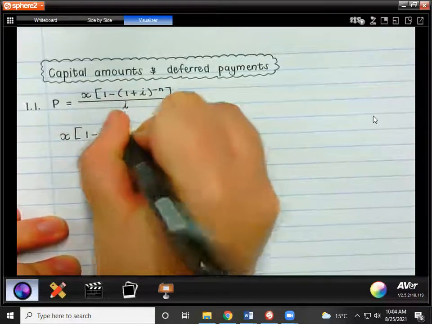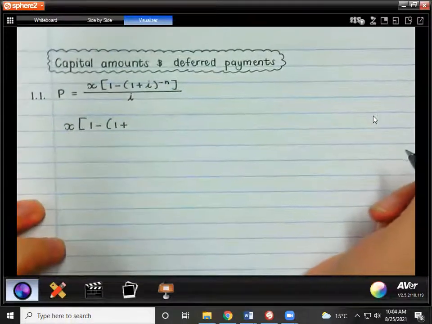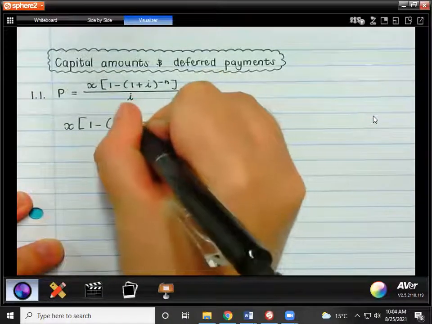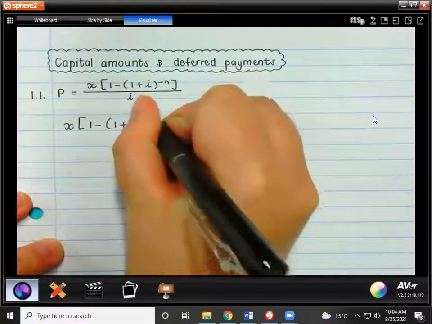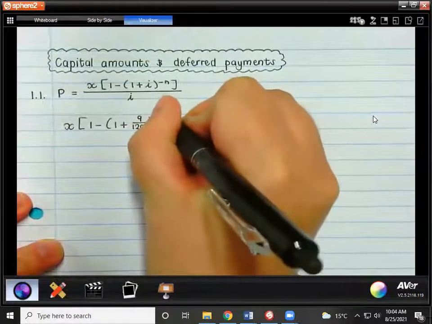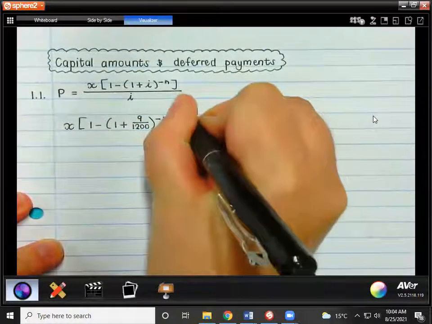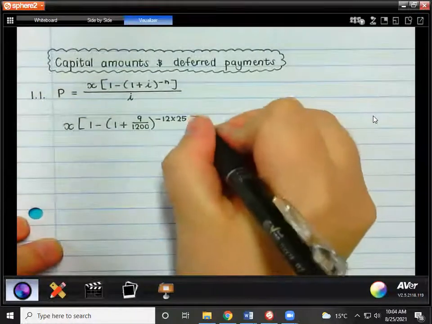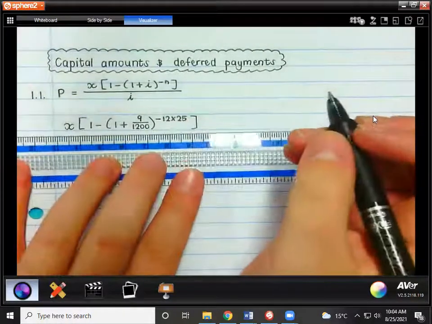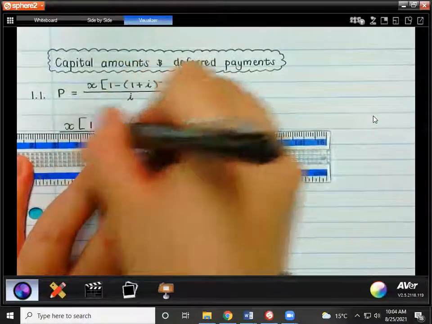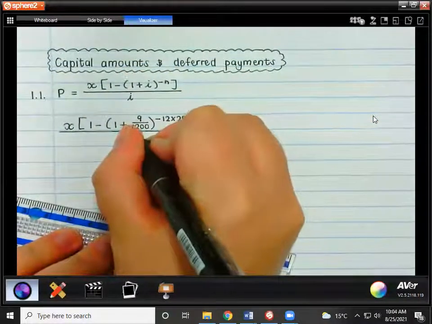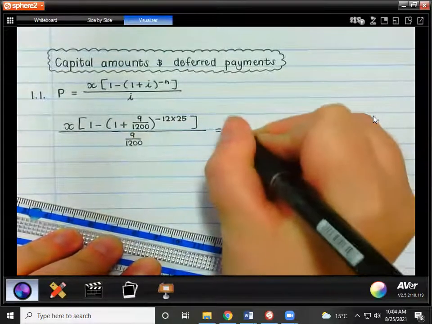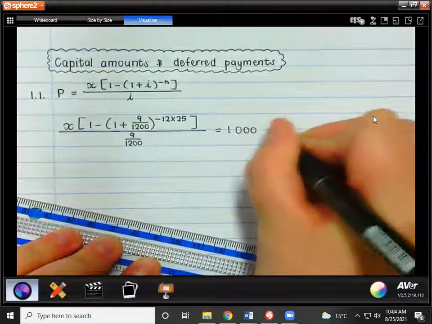So we have 1 plus the interest rate, 9% compounded monthly, to the power of -12, and they said it's for 25 years, so we times that by 25, over the interest rate, which is 9 over 1200. And that is equal to the present value, which is 1 million.